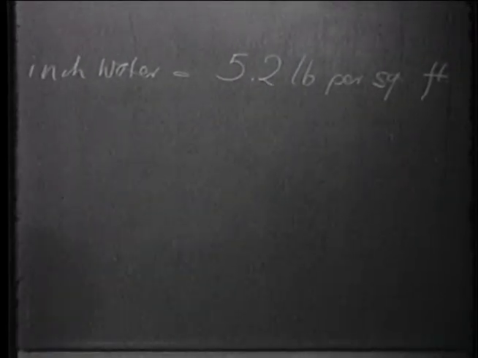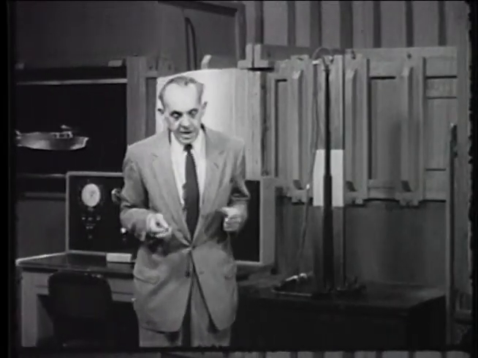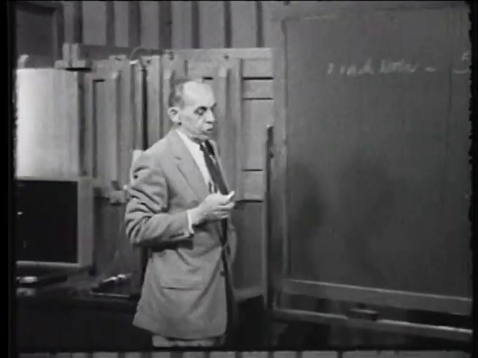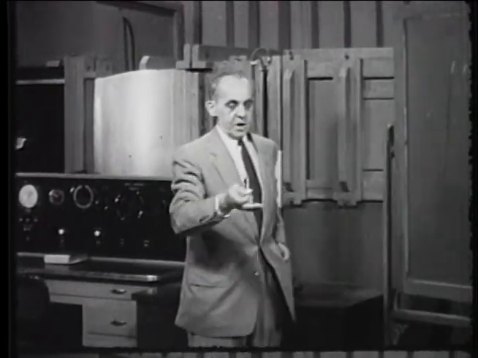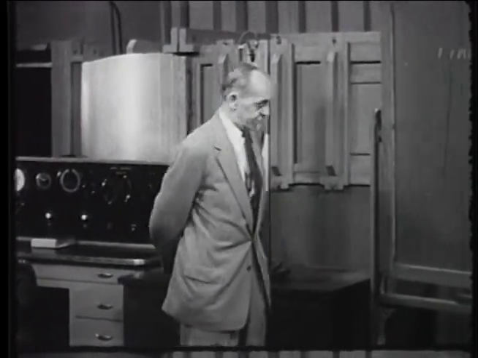Now, what is pounds per square foot? You probably are not familiar with this type of unit. You usually measure pressures in PSI, that means in pounds per square inch, as you measure it, for instance, on the tires of your automobile, where you have about 28 PSI in it.